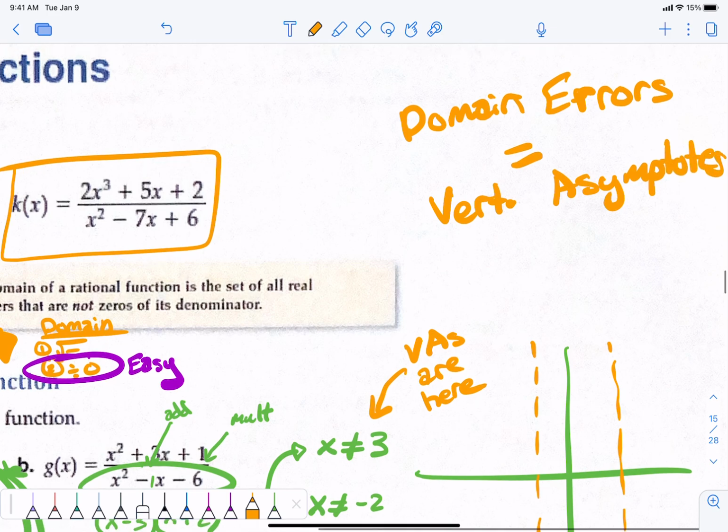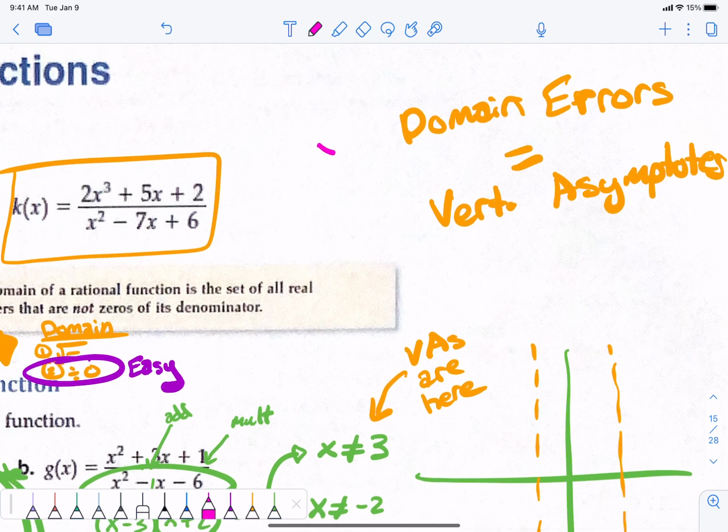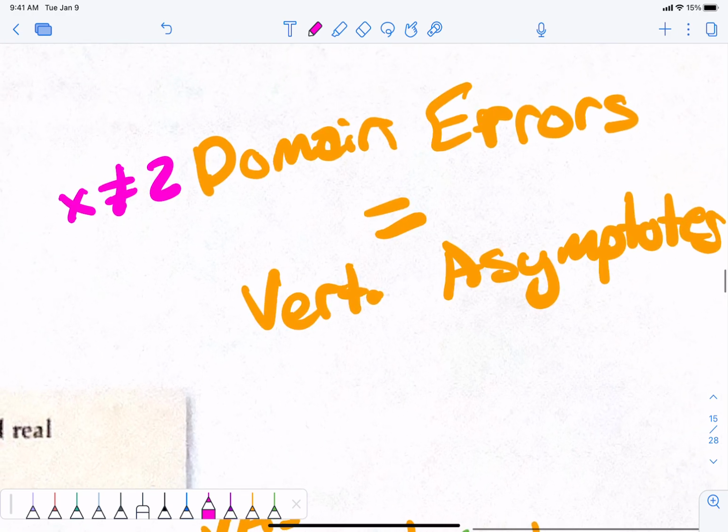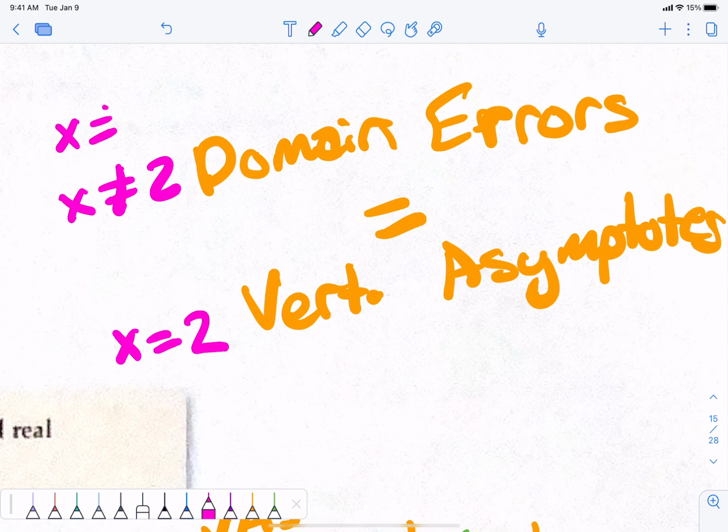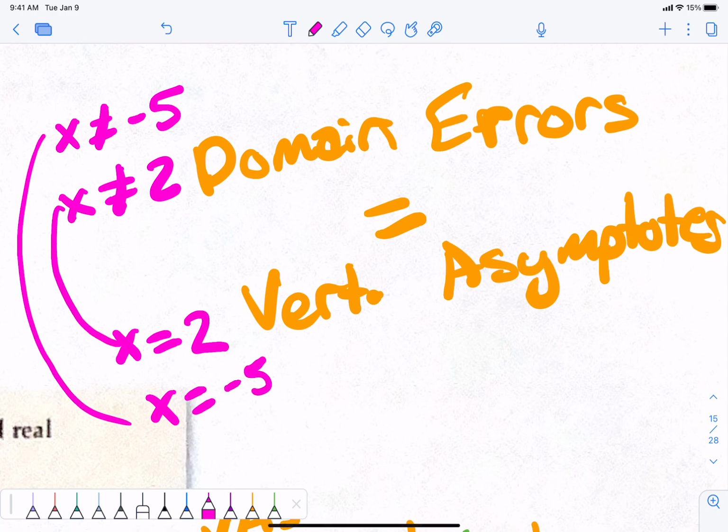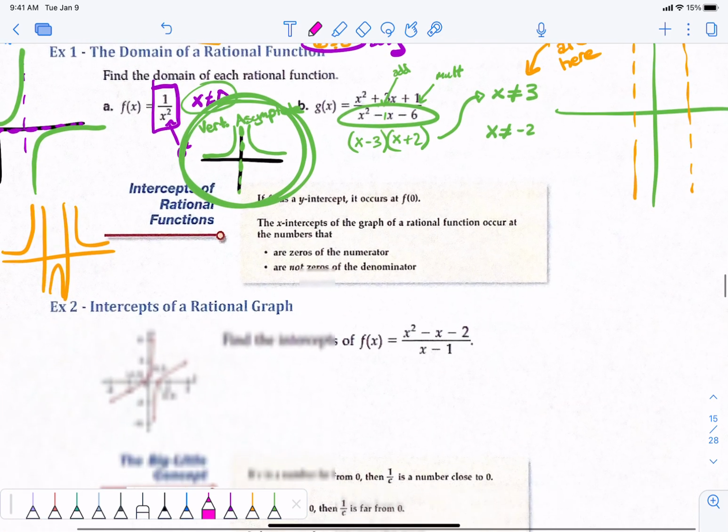If your domain error, for example, is x is not equal to 2, what is your vertical asymptote? x equals 2 is your vertical asymptote, the equation x equals 2. What if x can't be -5? Then x equals -5. X can't be that, therefore x equals that is your vertical asymptote. That's where your vertical asymptotes are located.